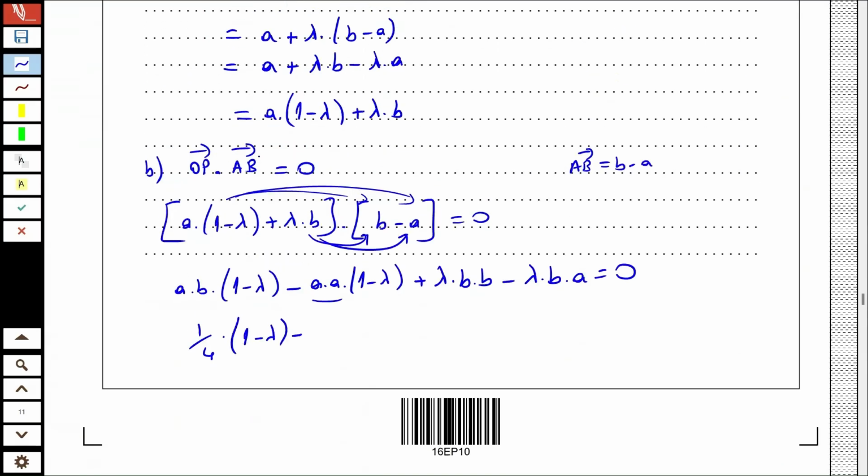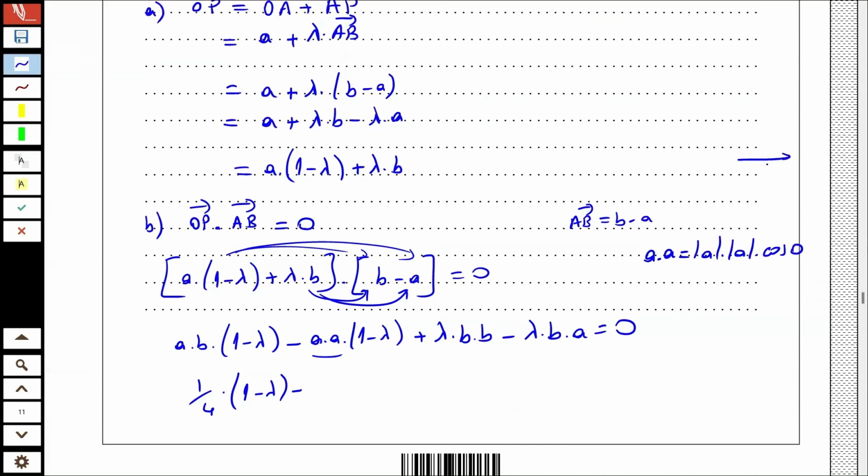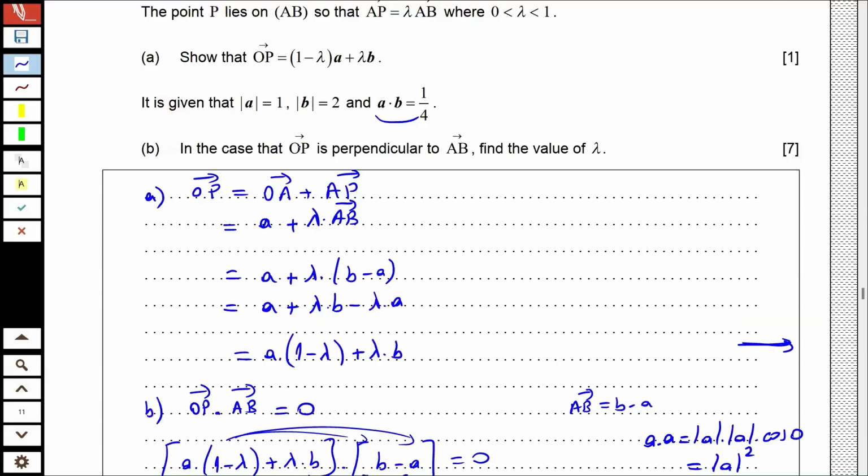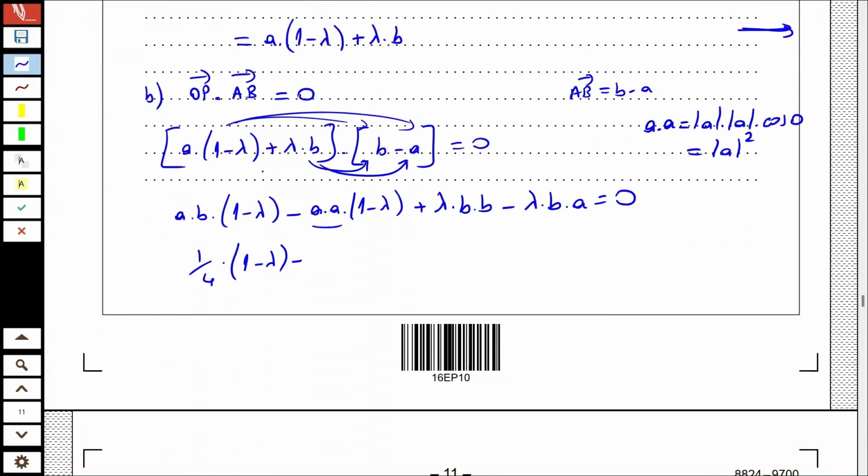And what is A dot A? It's the magnitude of A times the magnitude of A times cosine 0, because if the vectors are the same, the angle between them is 0. So this is the square of the magnitude, and the magnitude of A is 1, so you can write 1 squared.